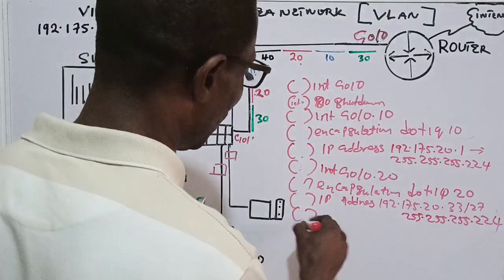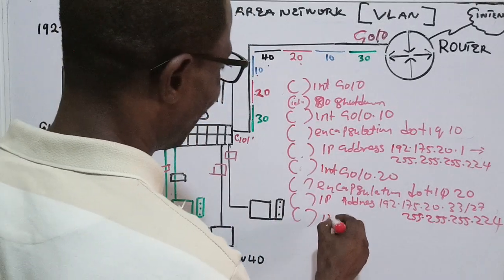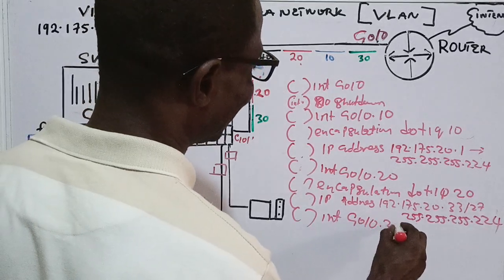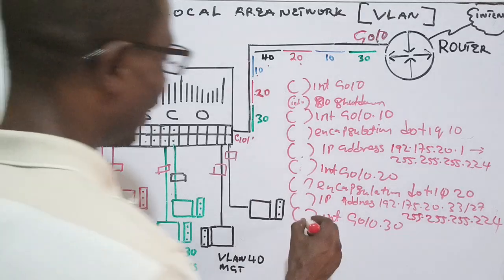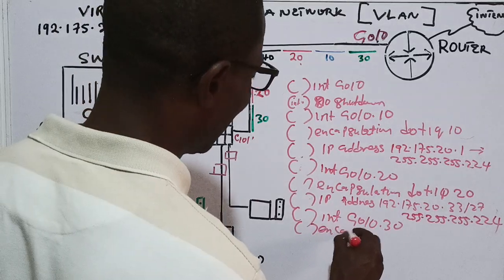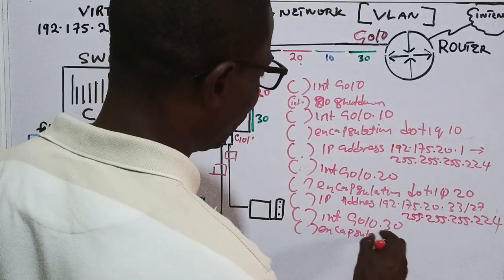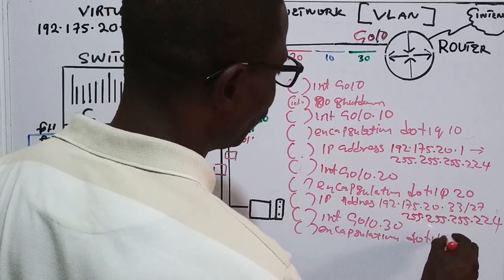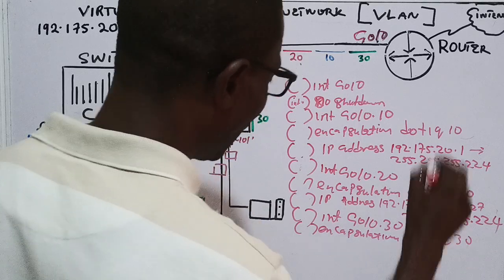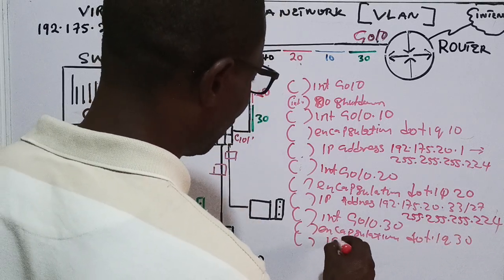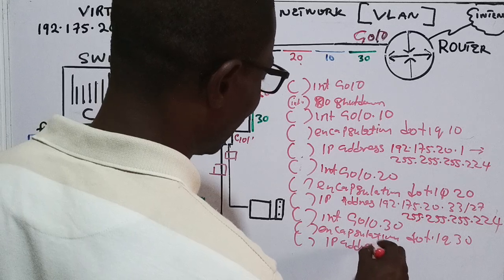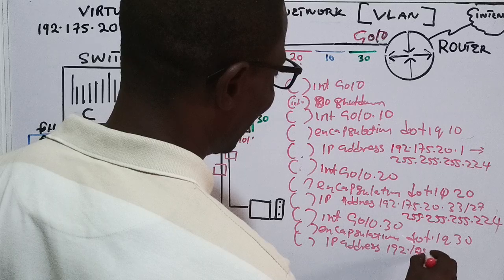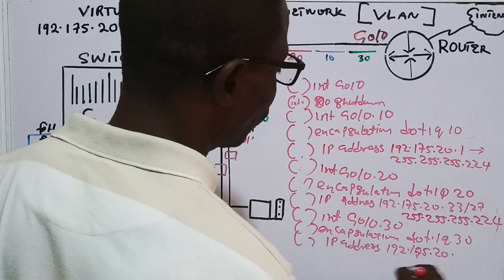You hit exit and come back, and go to another interface, Gi0/0.30. You hit enter and put encapsulation again. Encapsulation is the trunking protocol dot1Q 30. You hit enter and put the IP address 192.175.20.